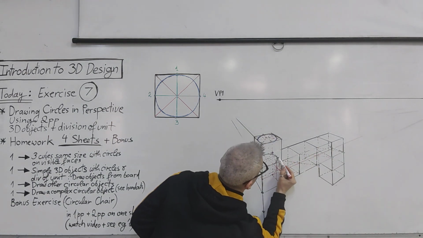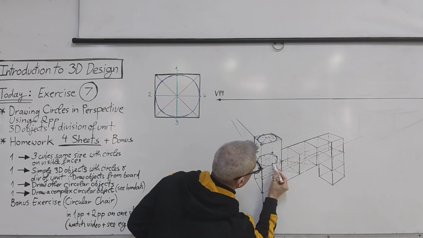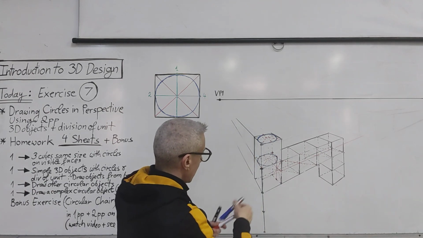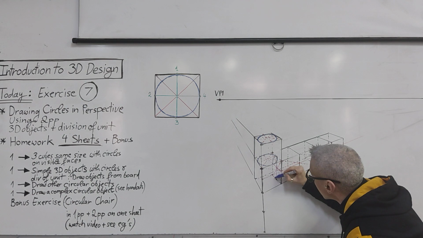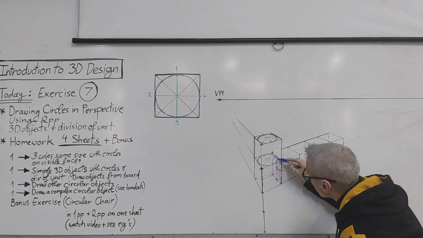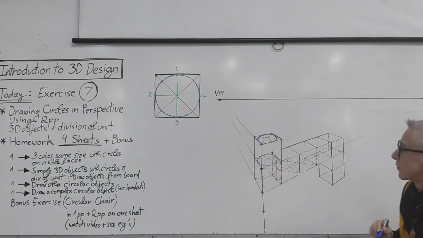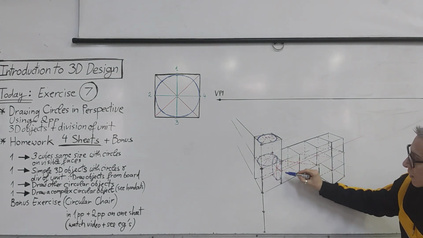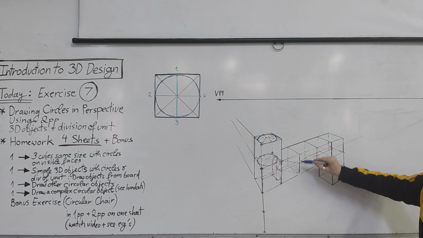So we have 1 point here, which is the same from this circle. We have second, third, and fourth point. And we draw the circle here inside. Now this circle is on this face, which is part of this cube here.